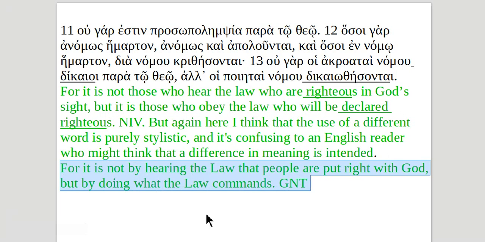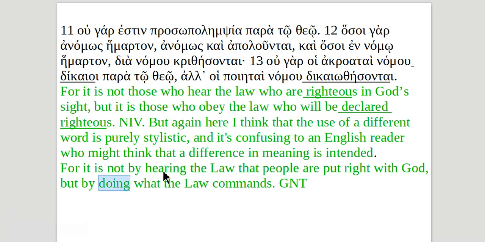It's not by hearing the law that people are put right with God, but by doing what the law commands. So in that way, the contrast, which is always an important thing in English, is indicated by the intonation. It's not by hearing, but by doing.